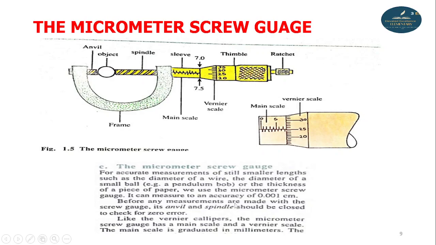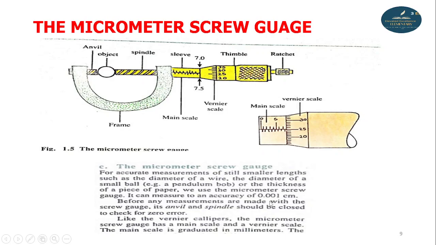It can measure to an accuracy of 0.001 centimeters. For the metre rule, we learned that it can measure to an accuracy of 0.1 millimeters or 0.01 centimeters.